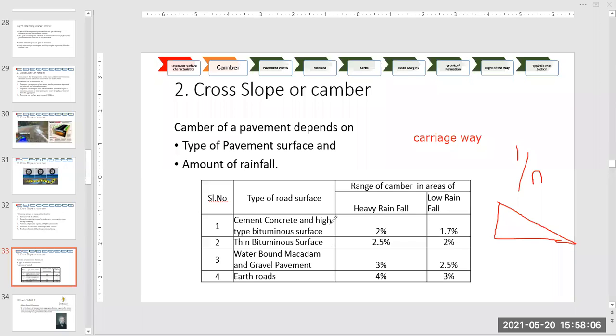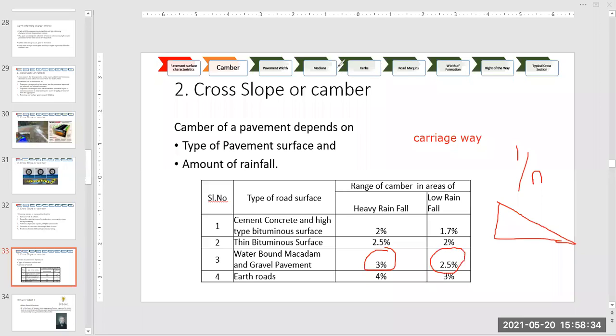Similarly for thin bituminous surfaces. Similarly for waterbound macadam roads and for gravel pavements, we give the percentage from 3 to 2.5%.